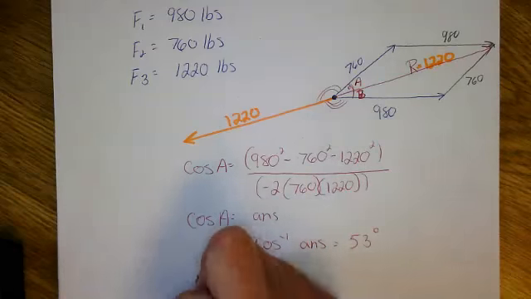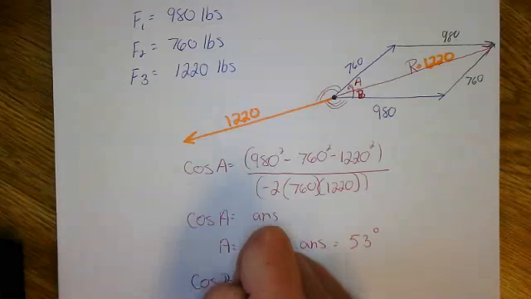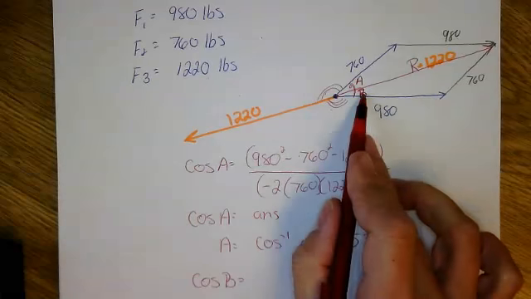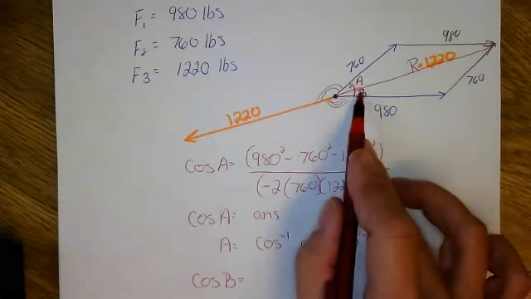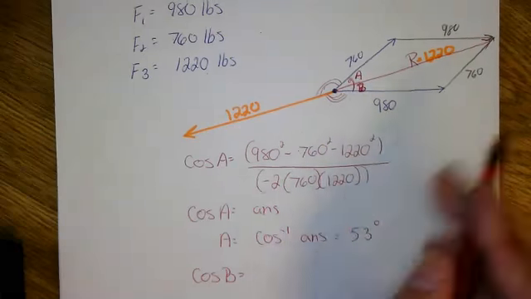Now to do B, same thing. So I need the side across from it squared first. That's the 760.